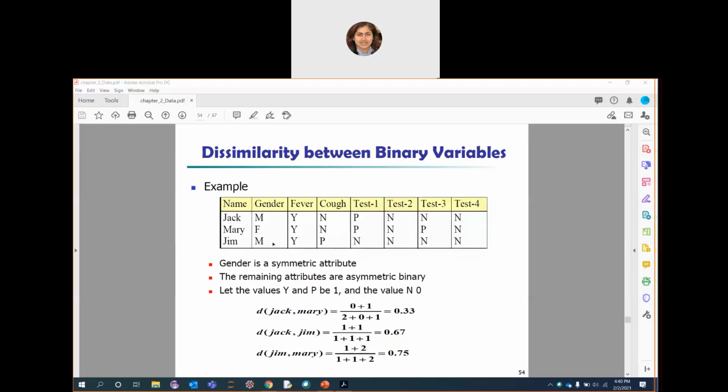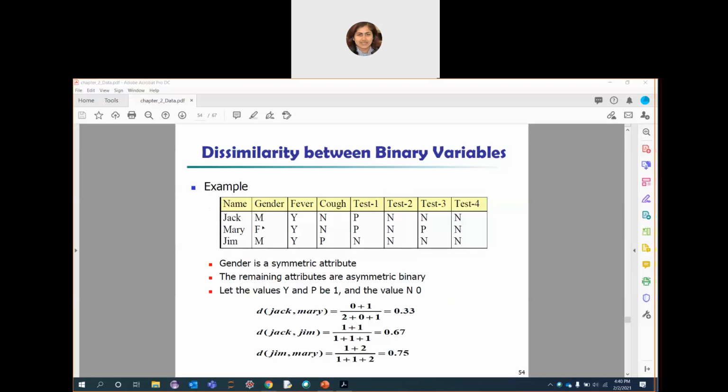Okay, so see here. In this table, there are three objects, Jack, Mary, Jim, and these are the attributes. If you see the attributes, can you consider the gender as symmetric? Correct. Yes, right.